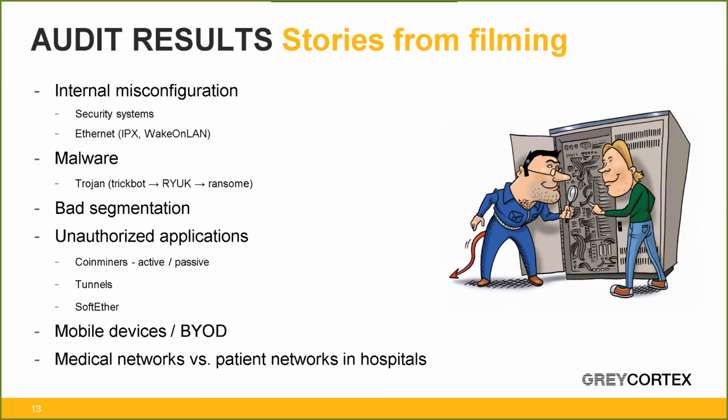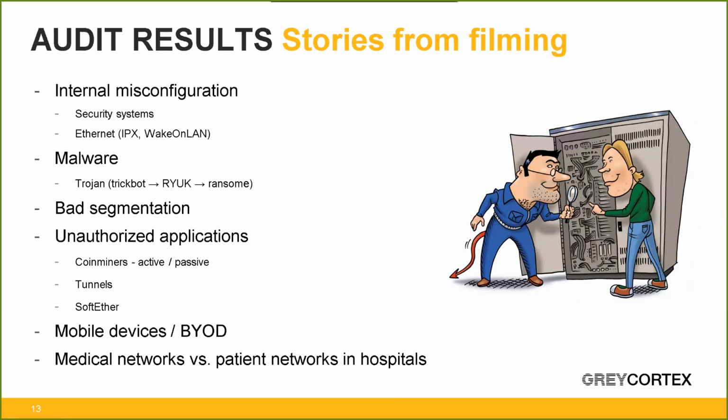We had also seen a lot of misconfiguration in firewalls that were allowing basically anybody to connect from the internet to the systems on the internal network. We had seen lots of different kinds of malware, either malware that was used as remote access tools, or malware that was basically delivering ransomware to the infrastructure that had been attacked or should be attacked by this kind of malware. We had also seen a couple of examples of bad segmentation.